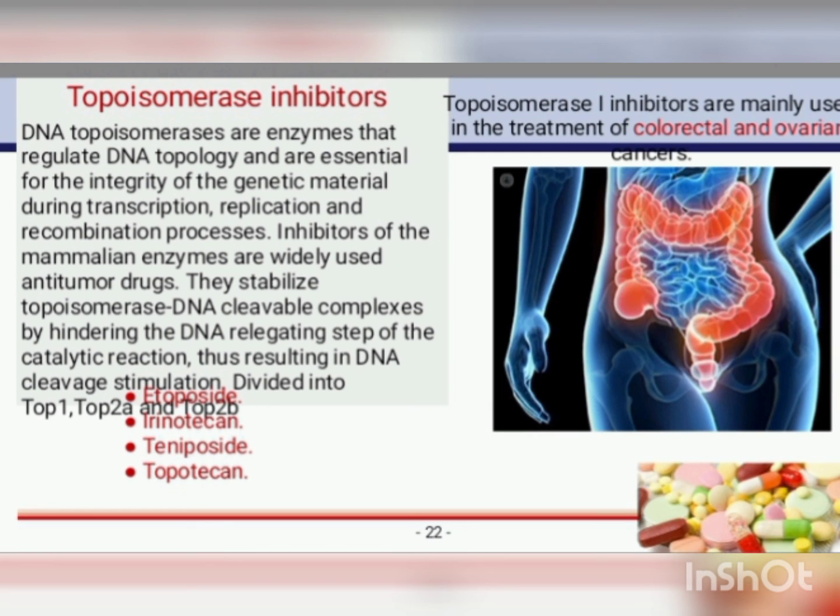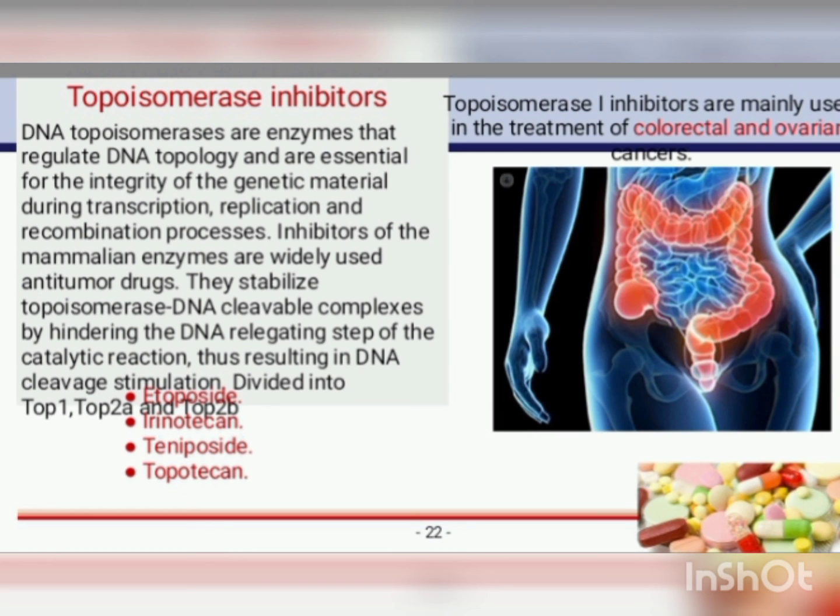They stabilize the topoisomerase-DNA cleavable complex by hindering the DNA religation step of the catalytic reaction, thus resulting in DNA cleavage. They are divided into Top1, Top2A, and Top2B inhibitors, and include etoposide, irinotecan, teniposide, and topotecan.